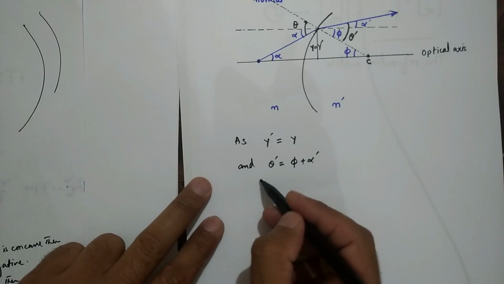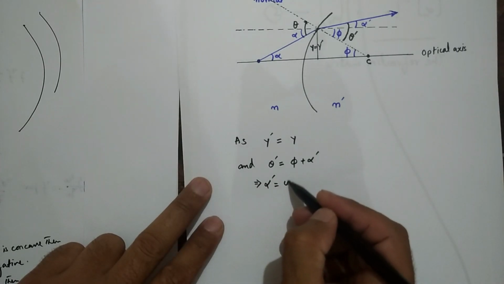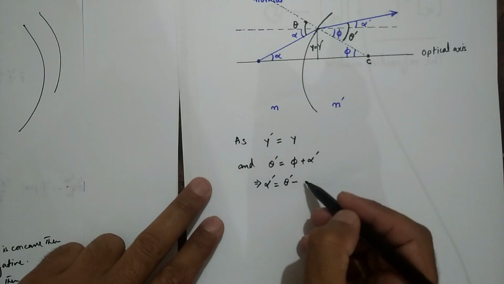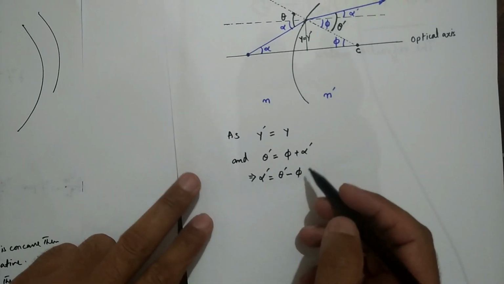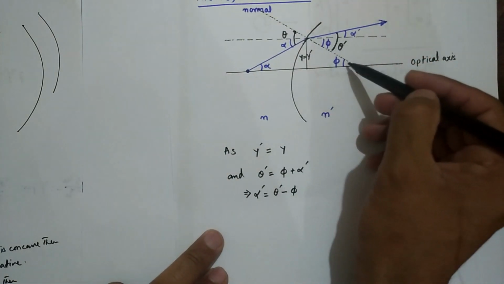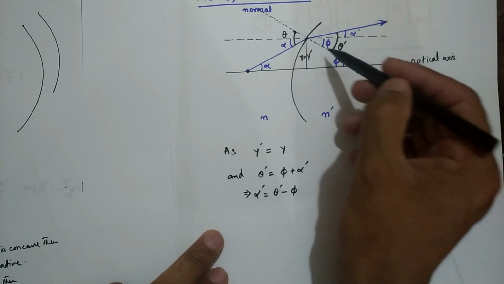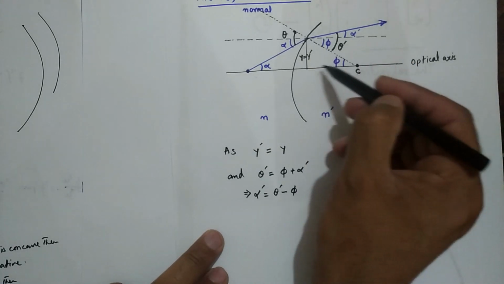From this equation we get that alpha prime is equal to theta prime minus phi. If this angle is phi, this one is also phi, and you see that here we have a right angle triangle.